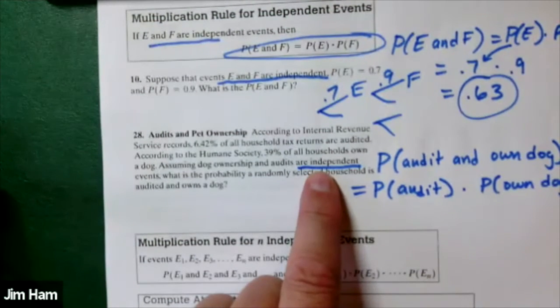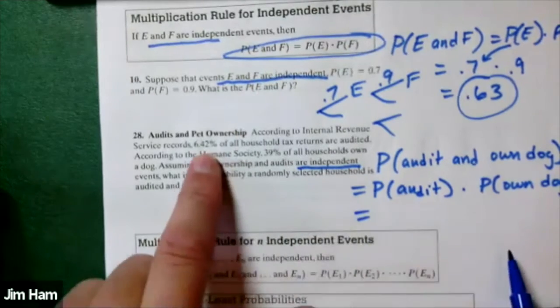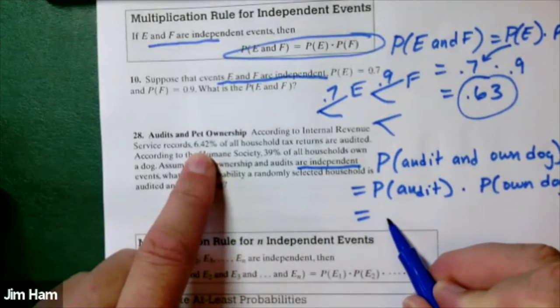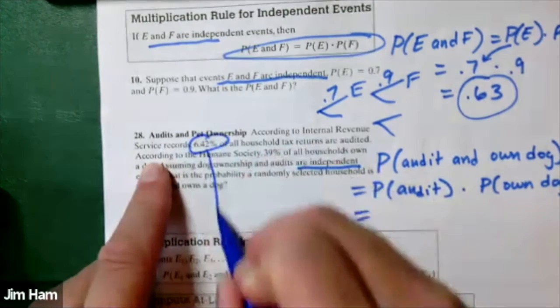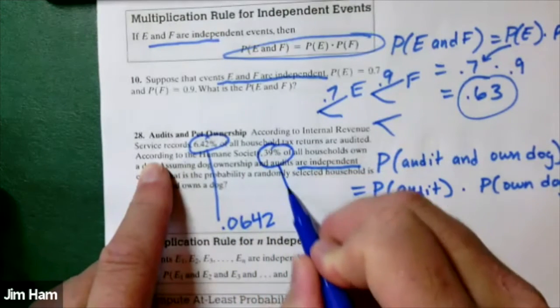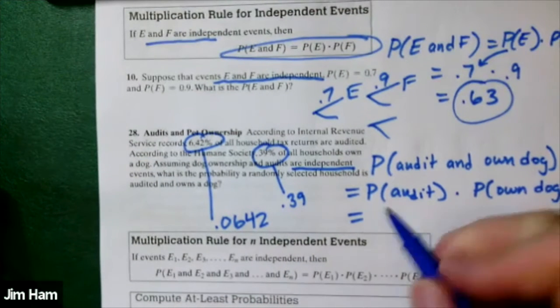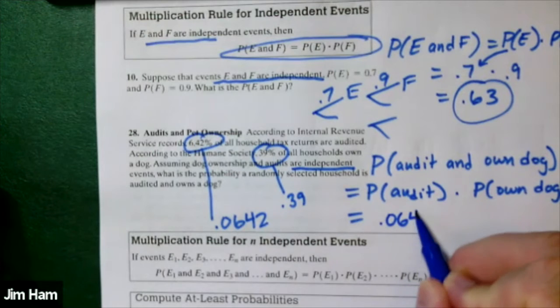Because it says independence, we can apply this rule. The probability that you're audited. All right, well, we do have to convert that to a decimal, and we have to convert 39% also to a decimal. So we just take those two numbers and multiply them together.